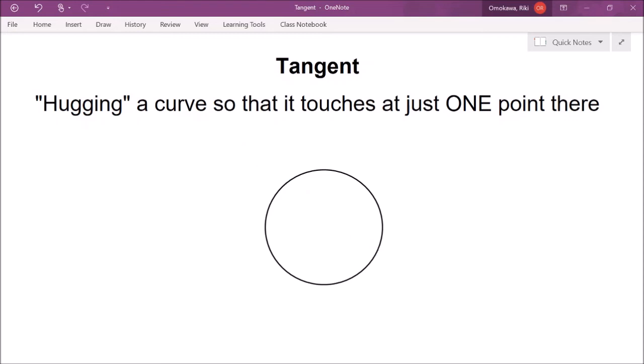A line that is tangent to the circle would be situated just so that the line and the circle are only touching at one point, and nowhere else nearby. It's kind of hard to draw by hand, but this line and this circle are tangent. They're just touching at one point.